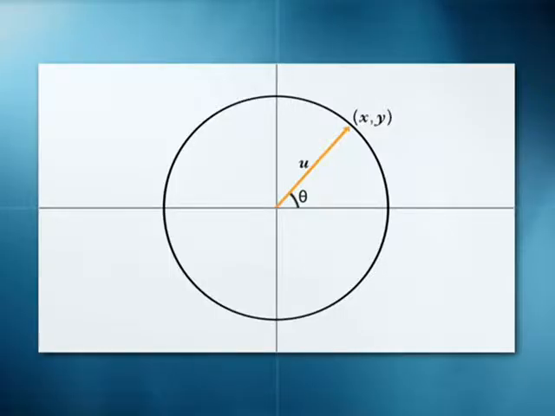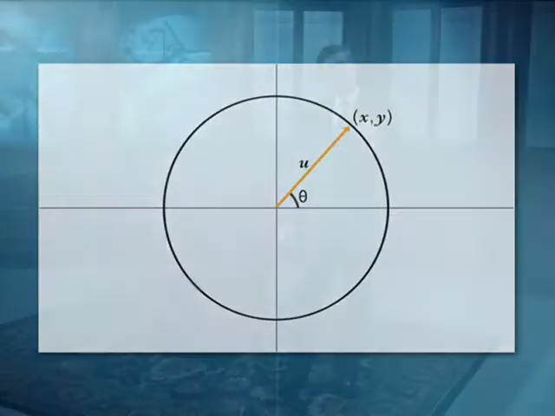Imagine a unit vector u making an angle theta with the positive x-axis, and the endpoint of this vector u will be x, y. So what is x? Well, we go back to the original definition of trigonometry. x is cosine theta and y is sine theta. That's how we defined sine and cosine in trigonometry.